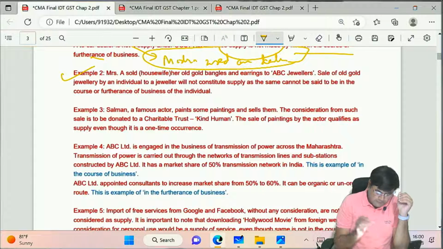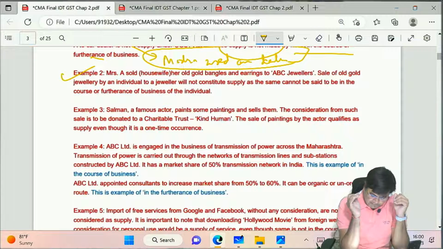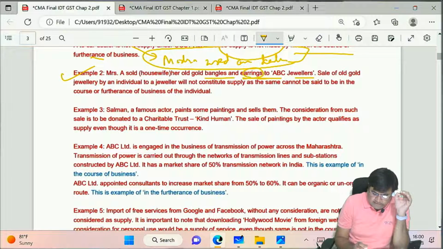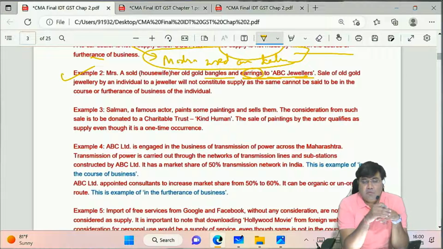Example 2. Mrs. A, a housewife, sold her old gold bangles and earrings to ABC Jewelers. Whether this is going to be a supply. So goods are there: gold earrings and bangles. Transaction is sell. And Mrs. A is anyway a person.